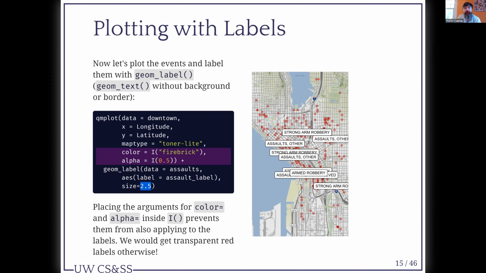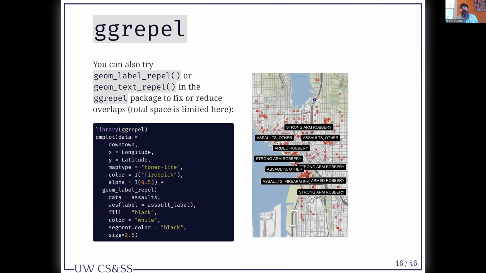So if we want to deal at least with the overlapping thing, we can bring in another package. We can bring in the ggrepel package. So if you want to use this, you'll have to do install.packages ggrepel. What this does, if you load up library ggrepel, is it gives you an alternate version of geom_label and geom_text geometries. So instead of saying geom_label like I did on the previous slide, I say geom_label_repel.